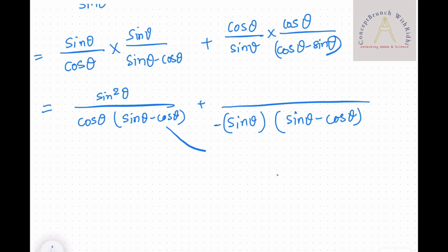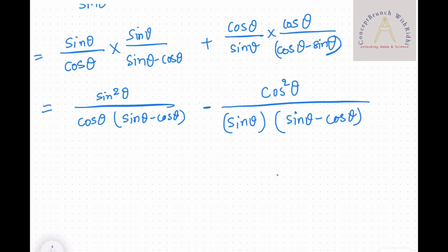Now it looks similar, right? Now on the top it will become cos square theta. One more thing, just look at this. This is minus, this is plus, so plus times minus will become minus, so it will change the sign, correct? So I'm going to change the sign here. Look. So the sign will become minus here.